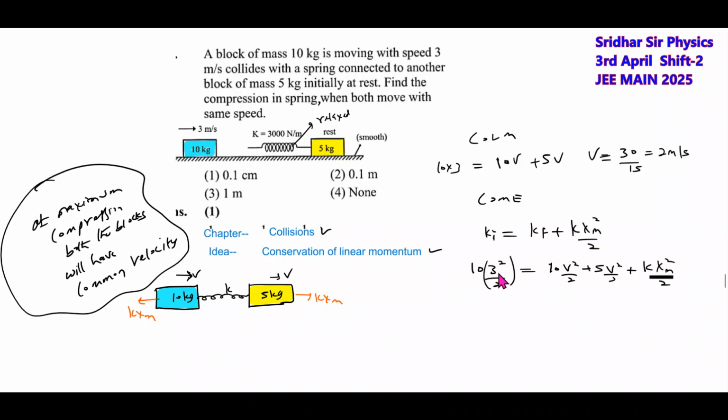This will be 45. This will be 15 by 2 into V square, V value is 2 square. K value is 3000, xm square by 2.